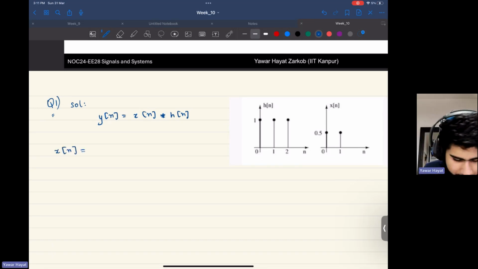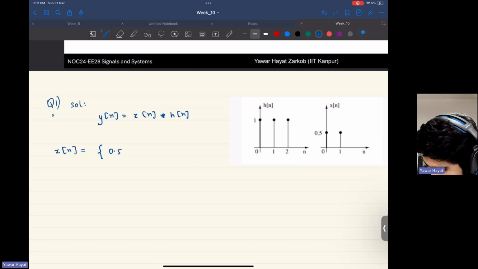What is x of n? X of n has two sample points, 0.5 and 0.5.